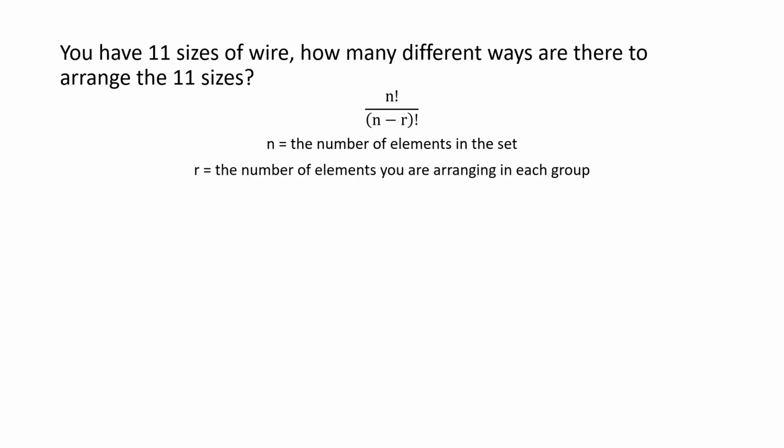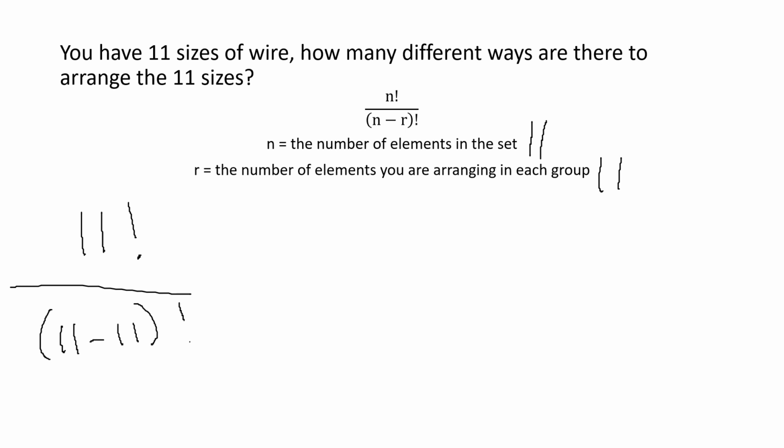So this problem says you have 11 sizes of wire. How many different ways are there to arrange the 11 sizes? All right, n is the number of elements in the set. Well, I have 11 numbers in the set. R is the numbers that we're going to work with. I can use all 11, so I end up with 11 there. So n factorial, which is 11 factorial, over n minus r factorial gives me 11 factorial over 0 factorial.